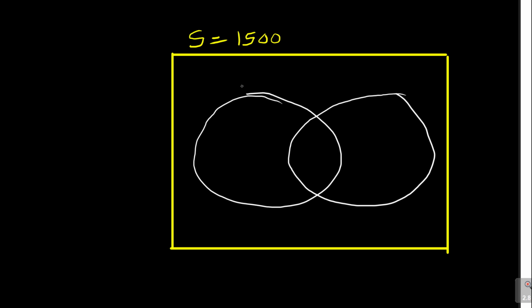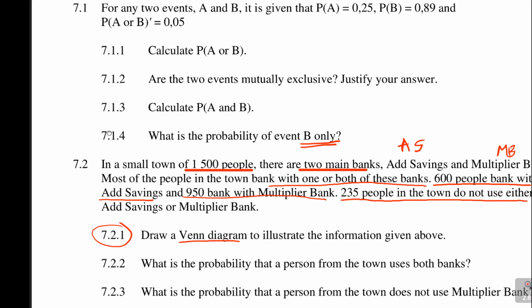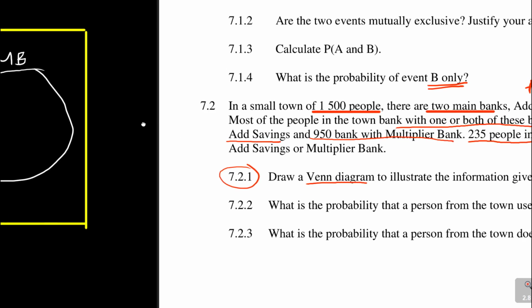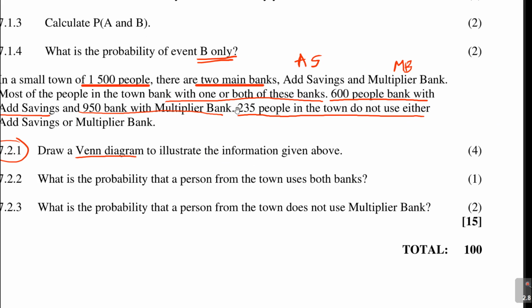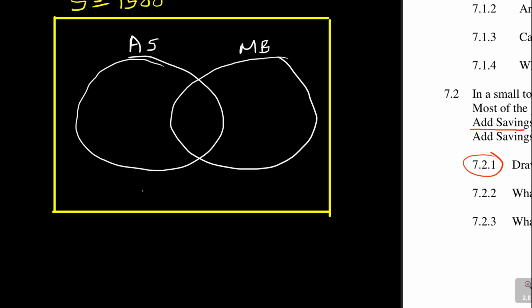We said there are two types of banks: AS, and MB. I'll start with the one that is easier. 235 people in town do not use either of the two banks. So where do you put those people? Outside, 235. They don't use either.